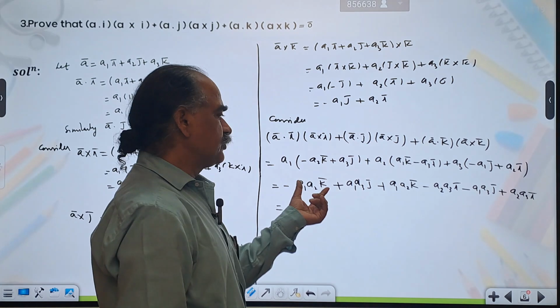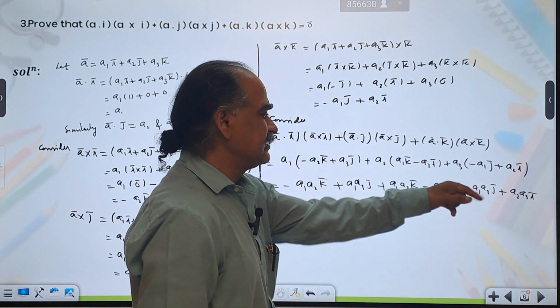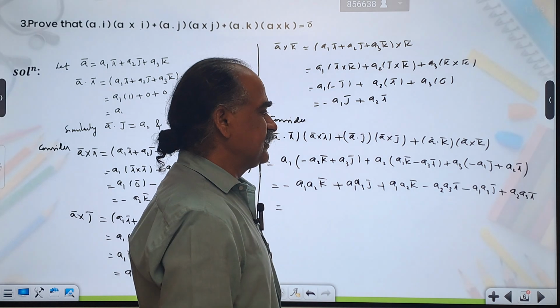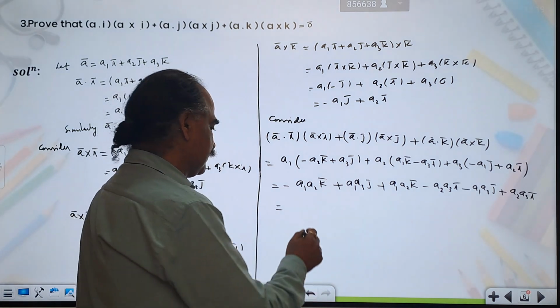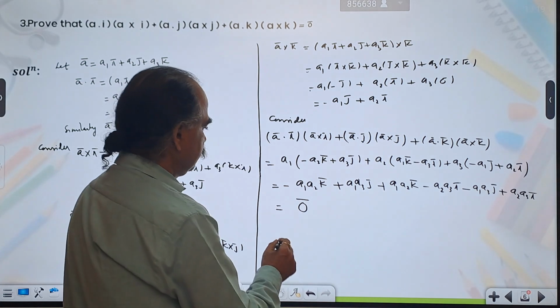Now minus A1 A2 k plus A1 A2 k cancel. A1 A3 j minus A1 A3 j cancel. Minus A2 A3 i plus A2 A3 i cancel. So the vectors are getting cancelled, you get the zero vector.